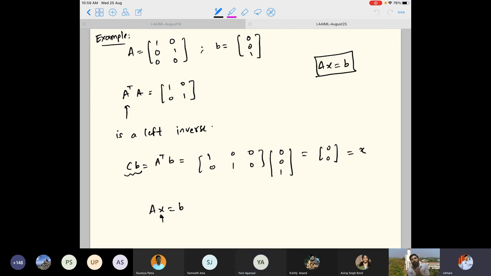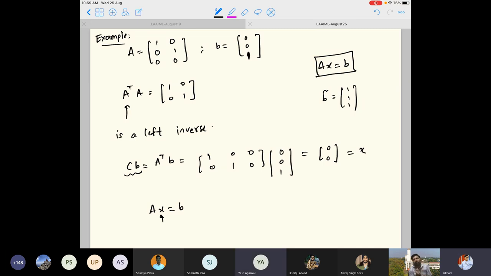It came out all zeros because I chose A and B in this particular fashion, but it will not always be all zeros. If I had chosen B equal to 1, 1, 1 rather than 0, 0, 1, then also you would have the same problem that B is not in the column space of A. You take B tilde equal to 1, 1, 1, multiply by A transpose, and you get 1, 1.